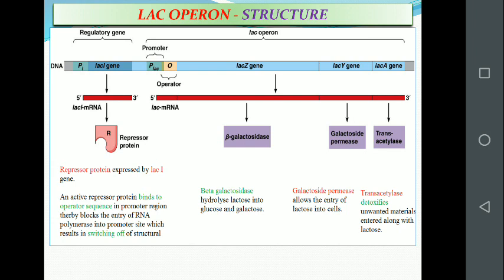So for that purpose it has this particular gene also. So this gene will detoxify. Okay, so these 3 are the structural genes, and the one main gene that is involved in the regulation of lactose operon is LAC-I gene. I stands for induction here. So that is why the I gene is in fact a regulatory gene. Okay, this is a gene in the regulatory sequence.